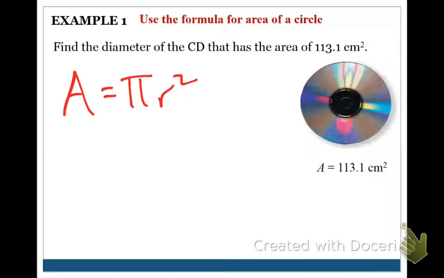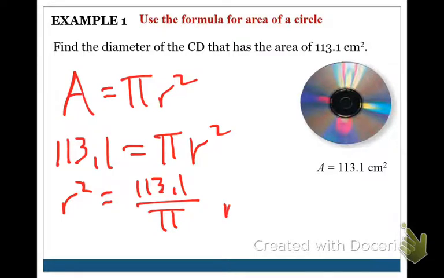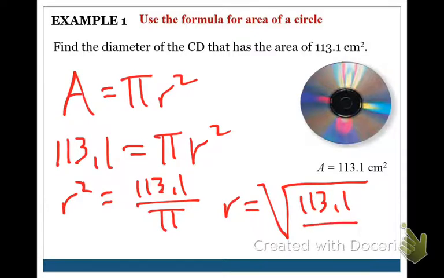And then we're going to plug in what we know. 113.1 equals pi r squared. So then we have r squared equals 113.1 divided by pi. So then r is going to equal the square root of 113.1 divided by pi.